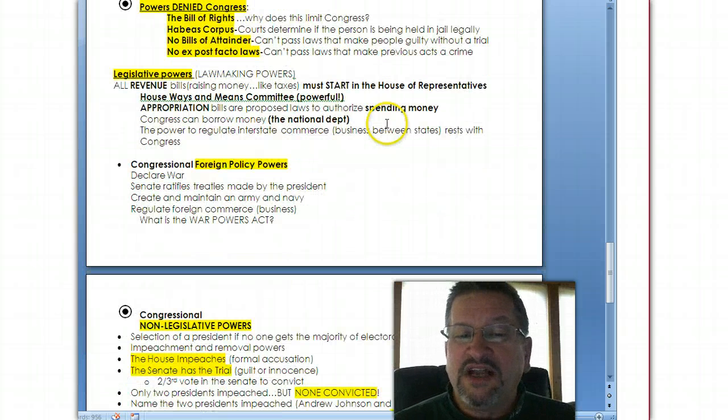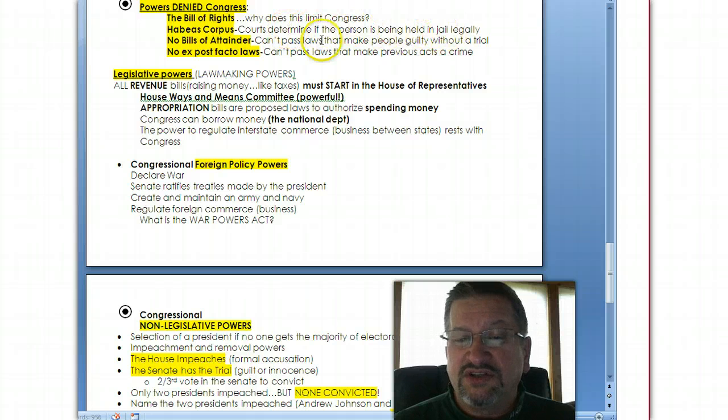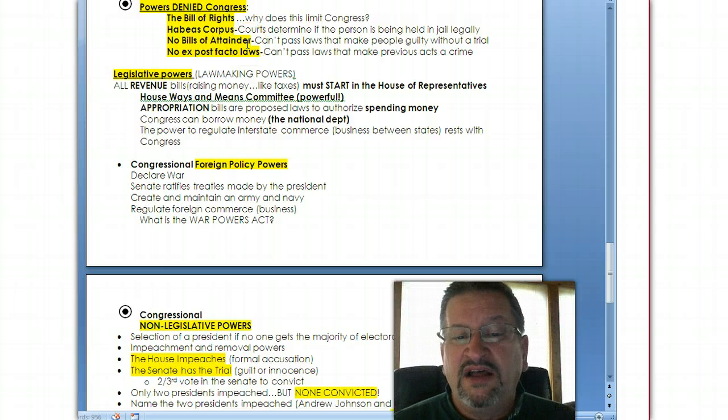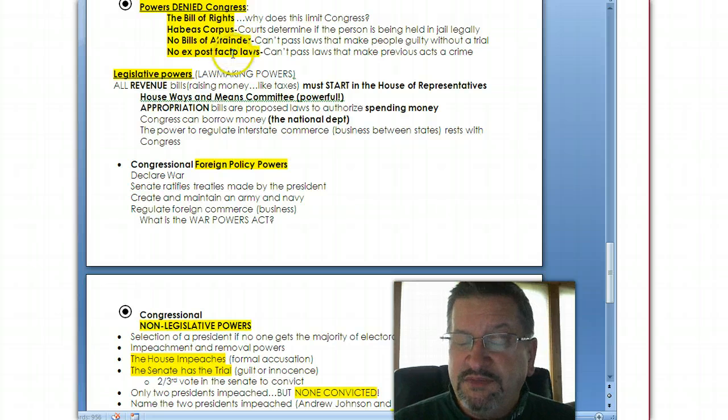Now, the powers that are denied to Congress, like the Bill of Rights, obviously limit what Congress can do. Courts determine if a person is being held in jail legally, and that's habeas corpus, and you can't deny people their habeas corpus. There are no bills of attainder, so you can't pass a law and just make people guilty because you passed a law. And you can't go back and make something that someone did before illegal now.